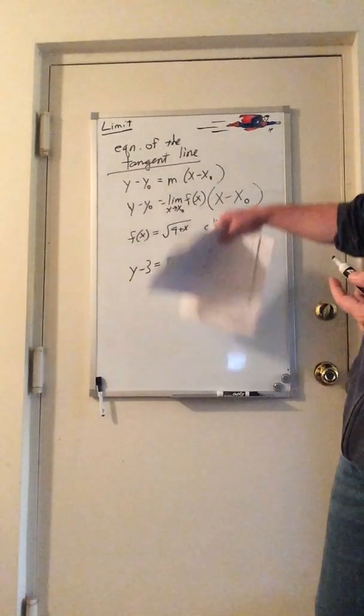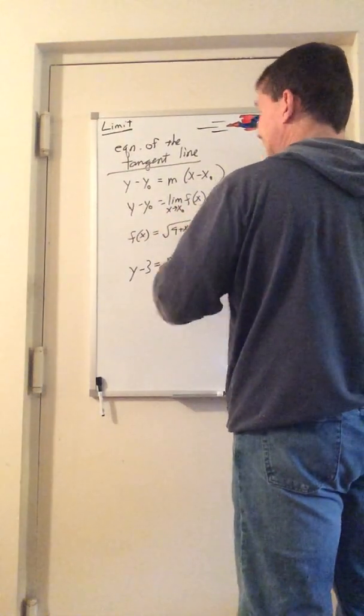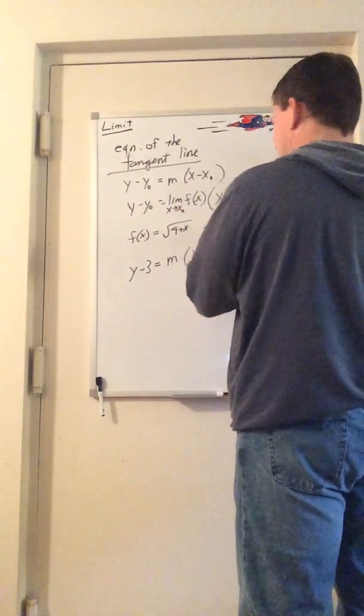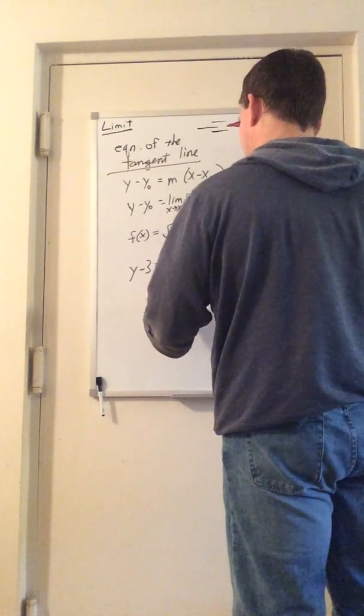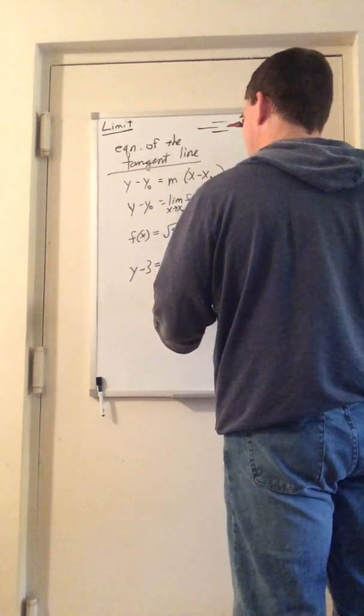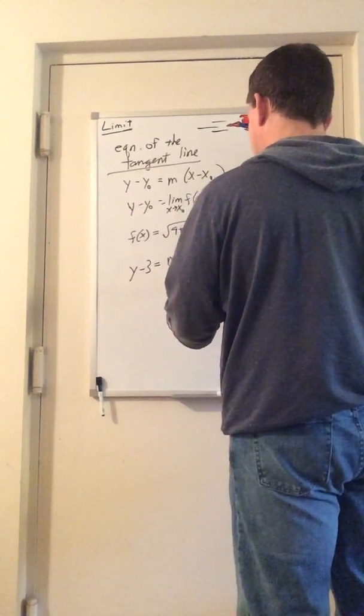All I need is my m now, but my limit is the limit as x approaches, I want to find it at 0, so I need to find the limit as x approaches 0 of the square root of 9 plus x.